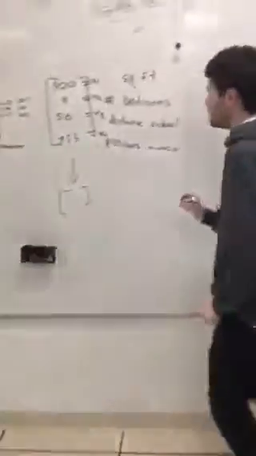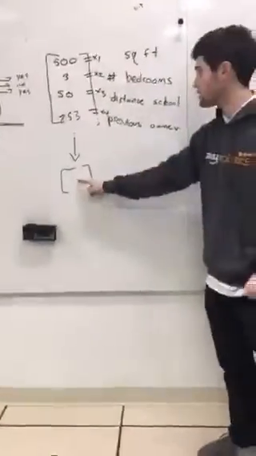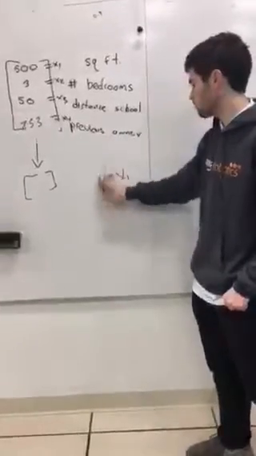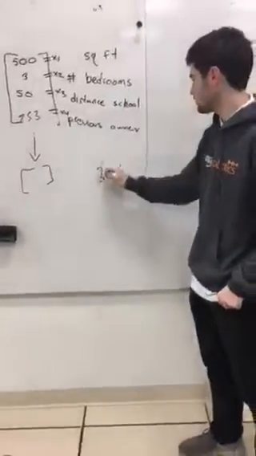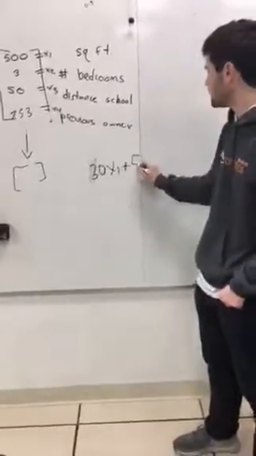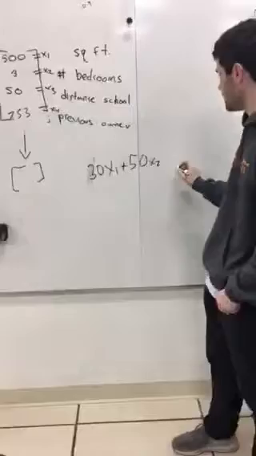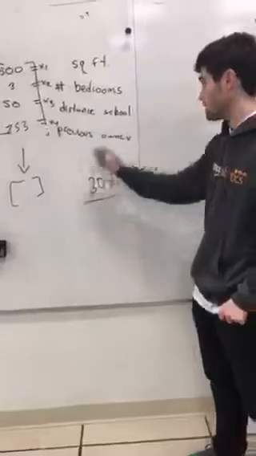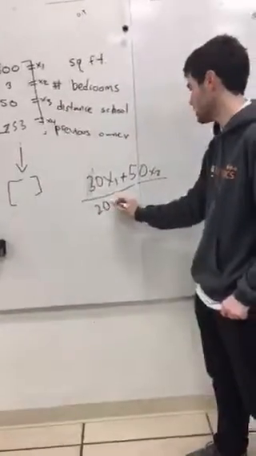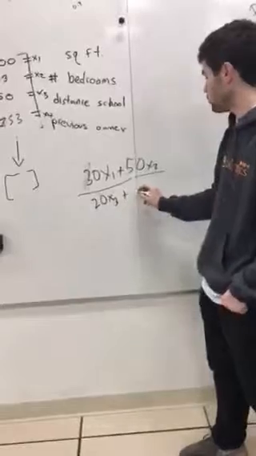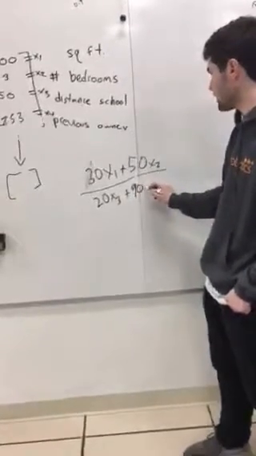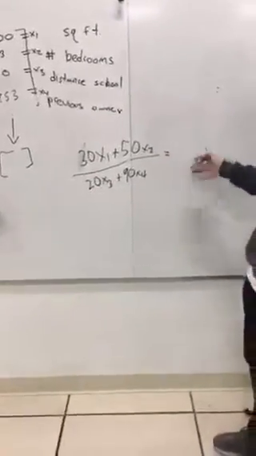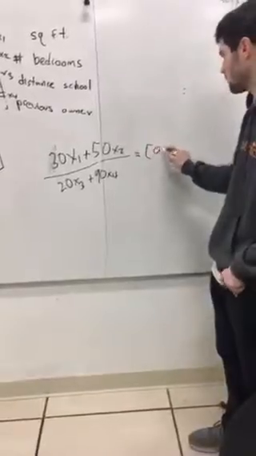What I might decide is to take x1, multiply it by the number 30, add that to 50 times x2, then take this output and divide it by 20 times x3, and add it to 90 times x4.